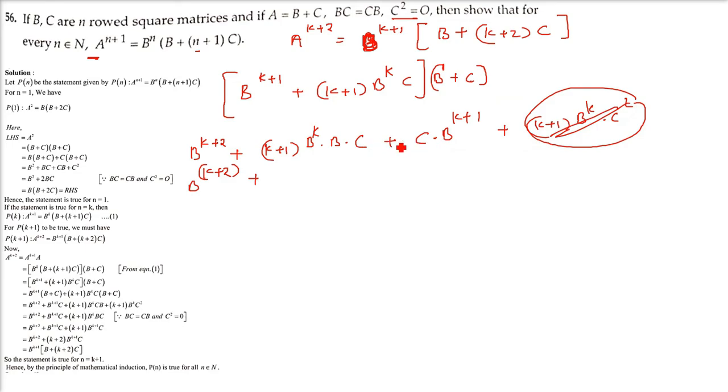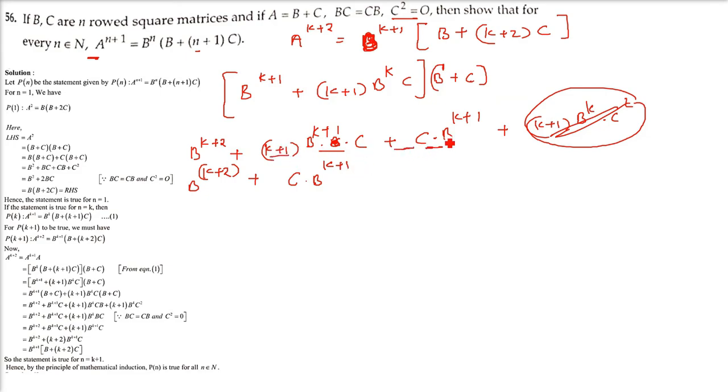Now I am taking this is b raised k dot b. So this is essentially equal to b raised k plus 1. Okay. So b raised k plus 1 and c we can take common. Why? Because bc and cb are same. So I am just taking b raised k plus 1 c common.